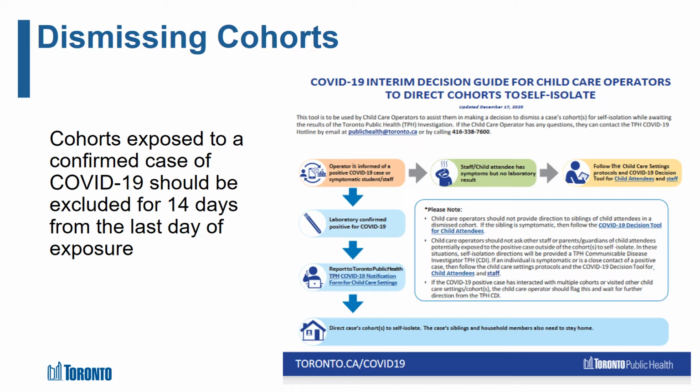The childcare operator should dismiss the cohort for self-isolation while awaiting the results of the Toronto Public Health investigation. These individuals must self-isolate at home and monitor for symptoms for the next 14 days. Individuals who have been exposed to a confirmed case of COVID-19 should get tested.